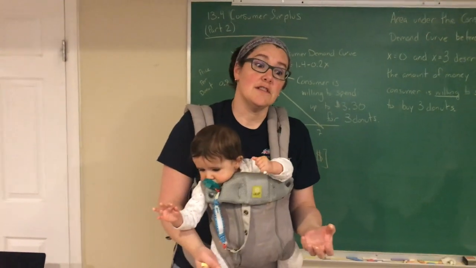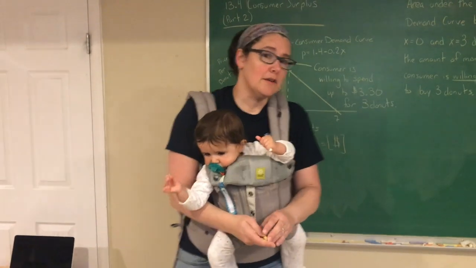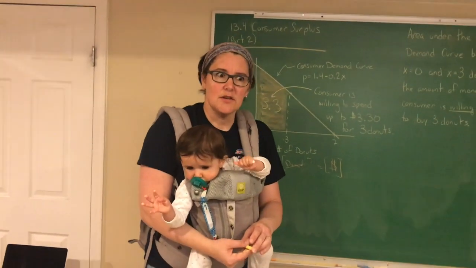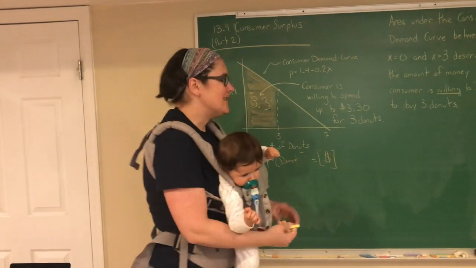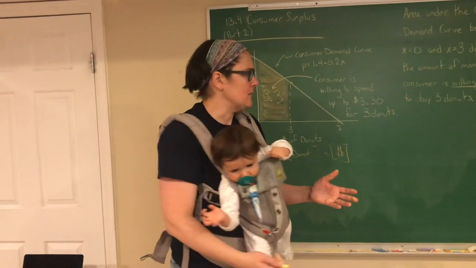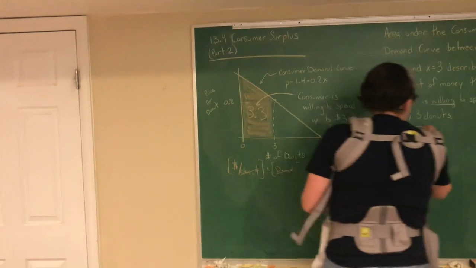And the cashier says, okay, well, the donuts are 80 cents a piece. So the price that the customer is really paying is 80 cents times 3 donuts. So let's write that part down.